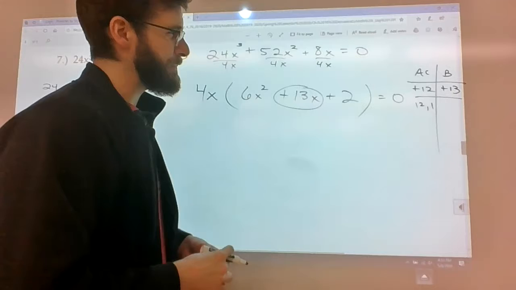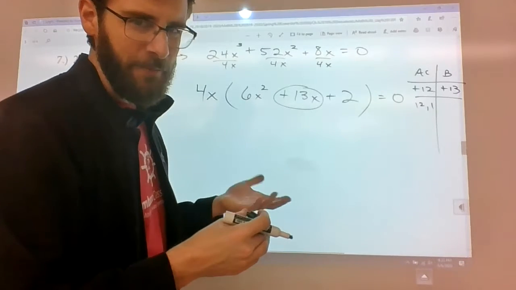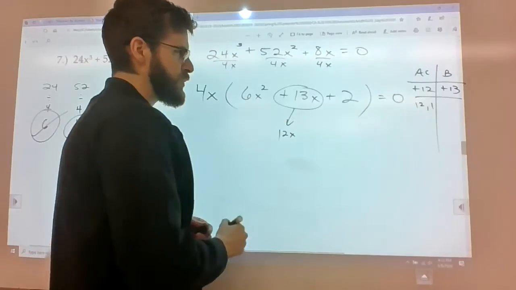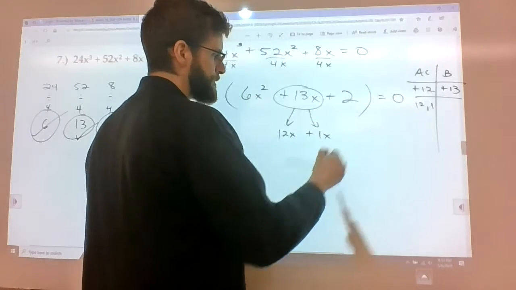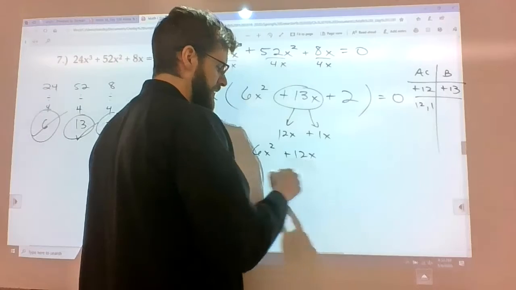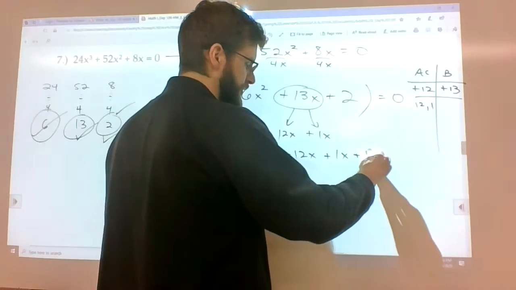It really doesn't matter at this point who you match with whom. I'm going to just take the 12 and put it here, 12x. And it's going to be plus 1x. So the middle polynomial becomes 6x squared plus 12x plus 1x plus 2.